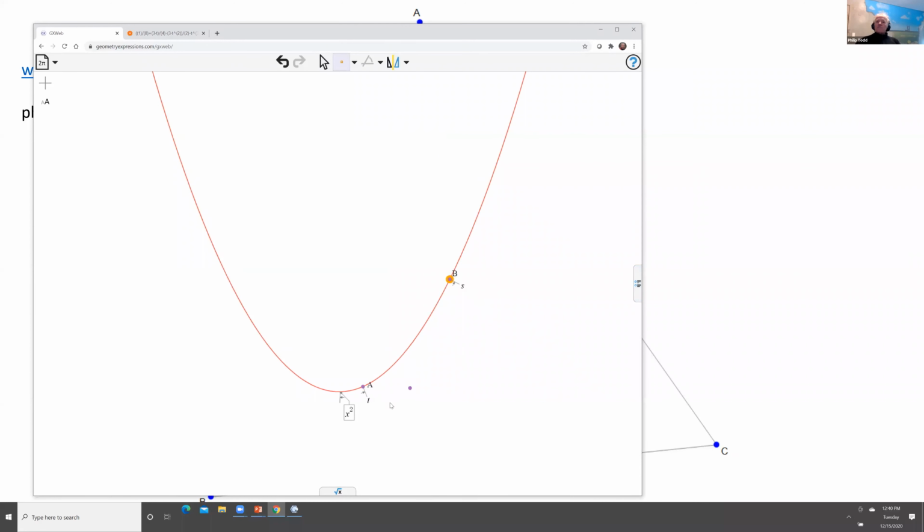Notice it's given them parametric equations S and T. I'm going to change the S to be T plus H. And create, as we said before, the tangents of the 2 spots, and then find the intersection of those two tangents.